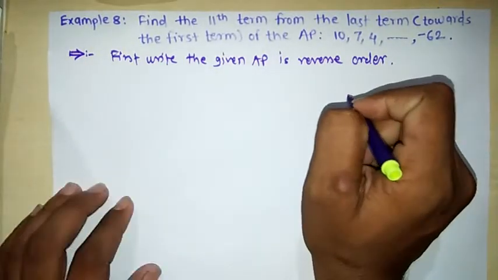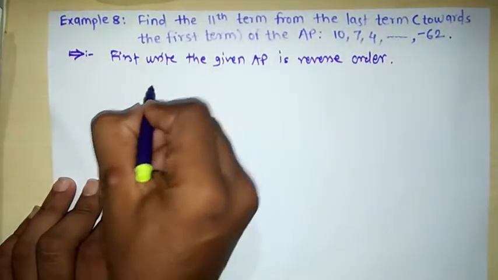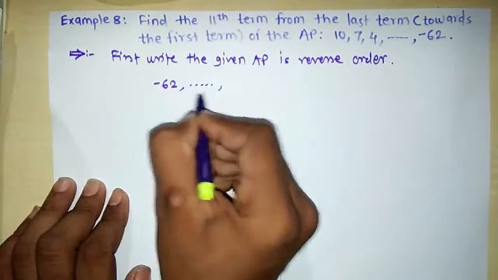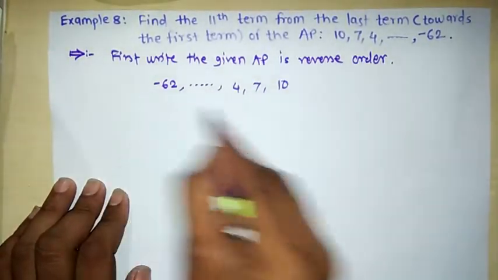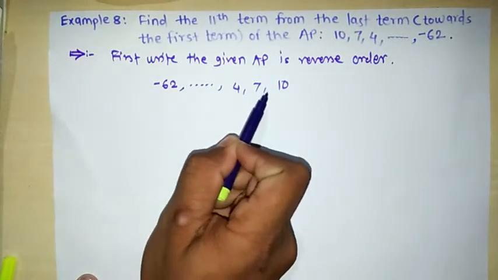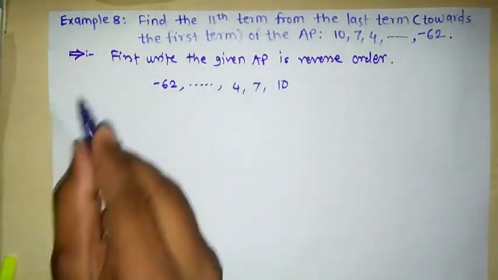Okay, now we will write the given AP in the reverse order. That is, here the first term will become minus 62, dash, then 4, 7, 10. The new AP we got here is minus 62, dash, 4, 7, 10. We have written the given AP in the reverse order.